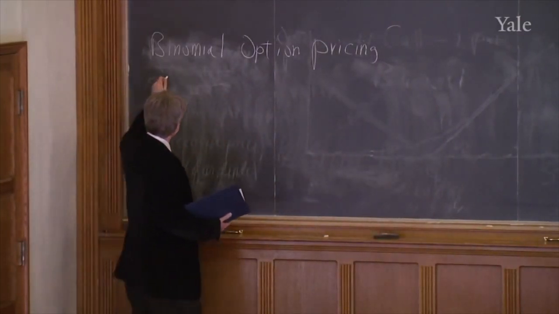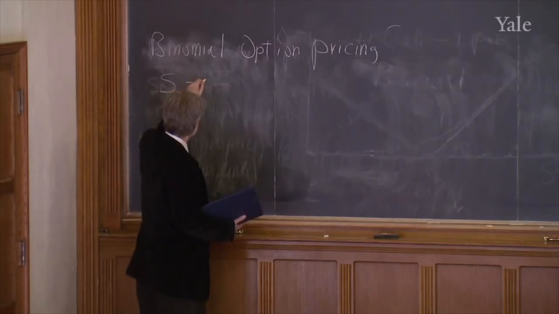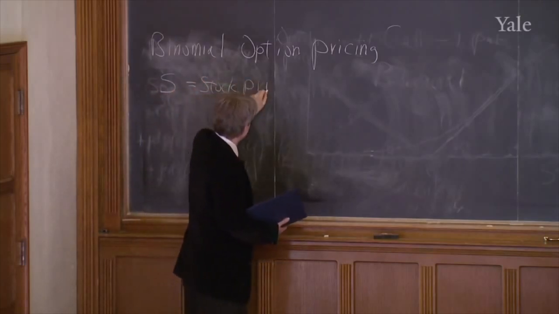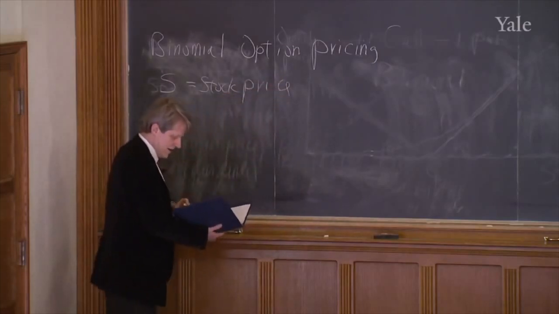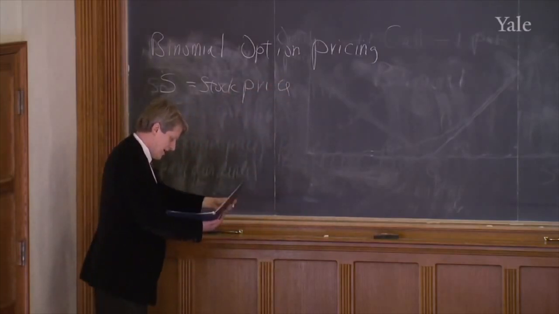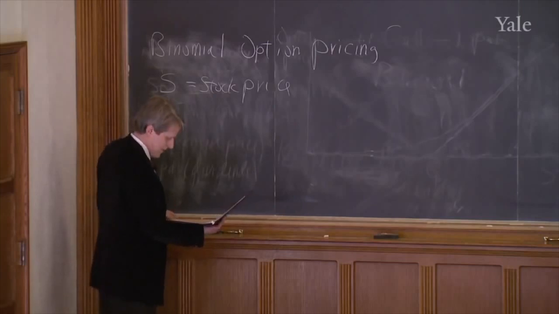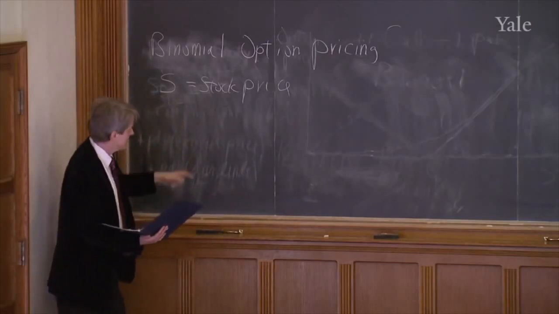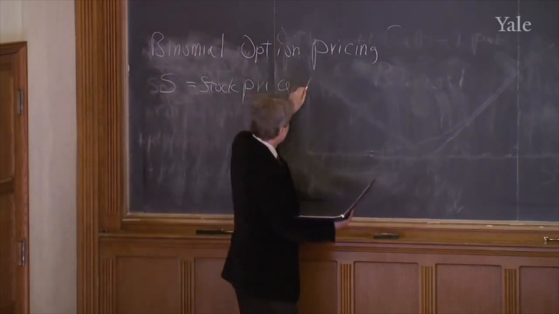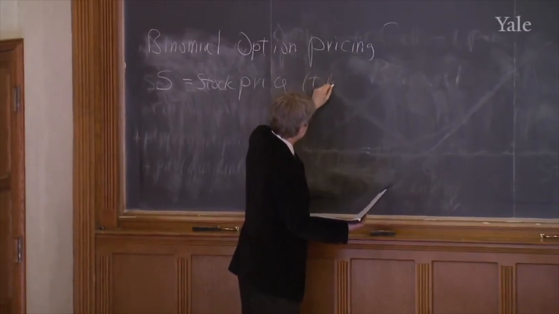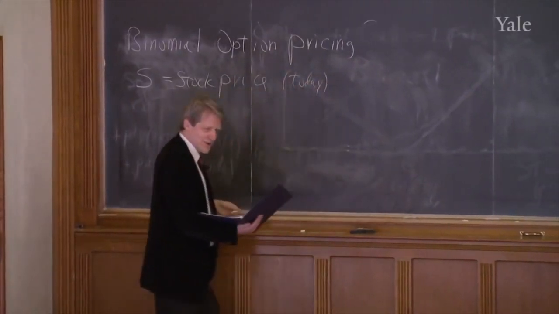So let me get my notation. I'm going to use S as the stock price. That's today. And this is also a simple world in that there's only one day.